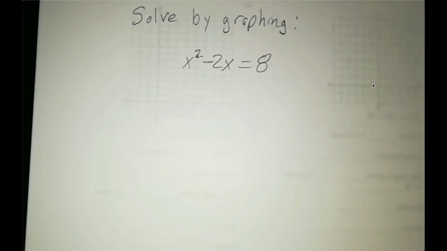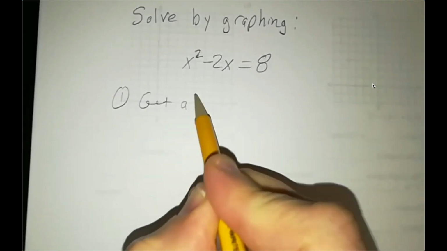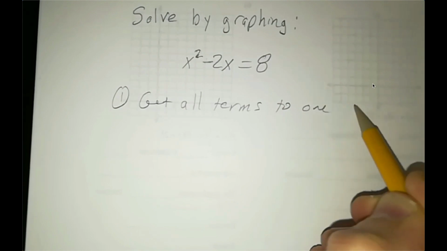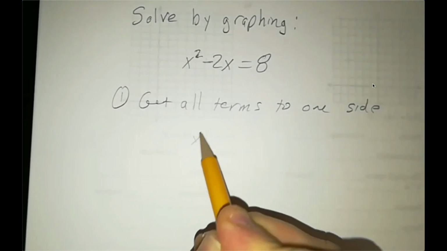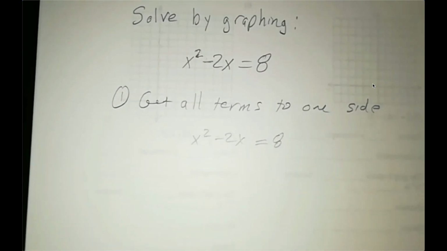So first thing you want to do is get all terms to one side. Now you do that by doing whatever you need to do. You want to look at the side that has the least amount of terms usually.